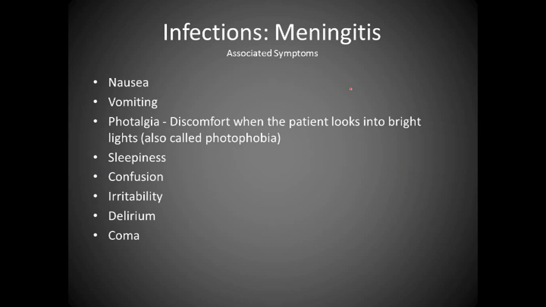So symptoms of meningitis are nausea, vomiting, photalgia, which is discomfort when the patient looks into bright lights, also called photophobia. So the patient just experiences a glaring pain simply because of bright lights. They have sleepiness, confusion, irritability, delirium, and even coma. Can all be symptoms of meningitis.